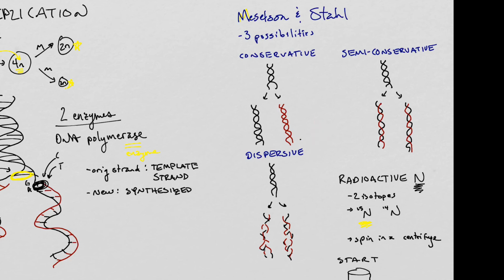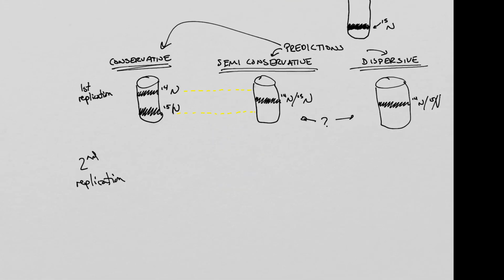And since our original DNA was nitrogen 15, when this one here replicates, we will get one of the original nitrogen 15s and then another nitrogen 14. So at this point, we should have 3 times as much nitrogen 14 DNA as nitrogen 15 DNA. So what we'll see is a much thicker line here at our nitrogen 14 compared to our nitrogen 15, because we have about 3 times as much.